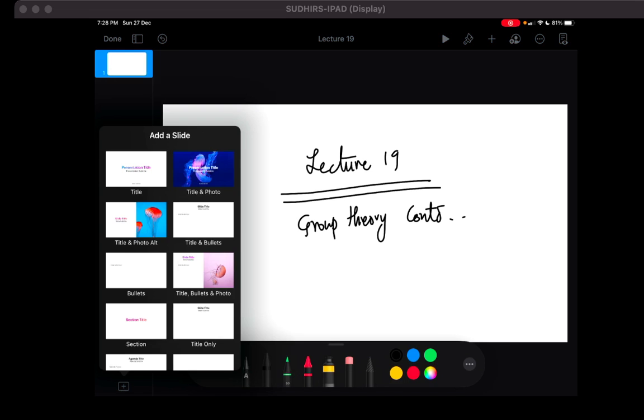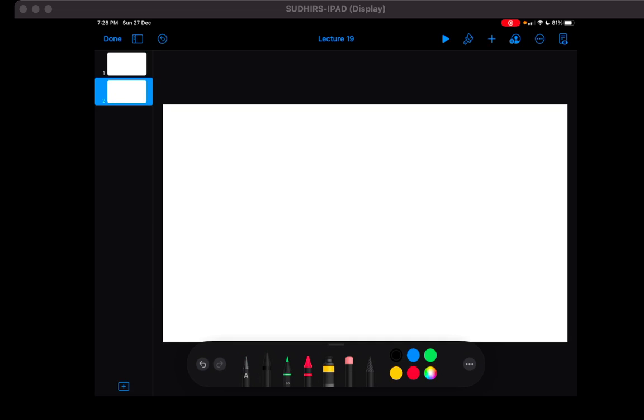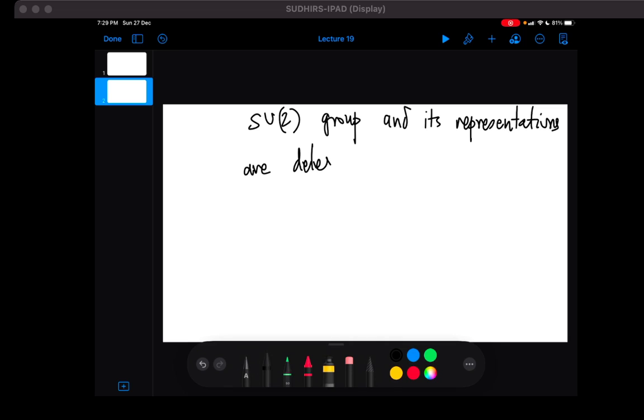So to continue, what we have seen so far is that there is this SU2 group and its representations, which are irreducible representations, are determined by using angular momentum algebra, very similar, determined by J and M values.